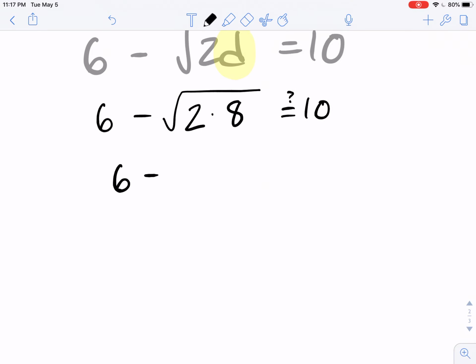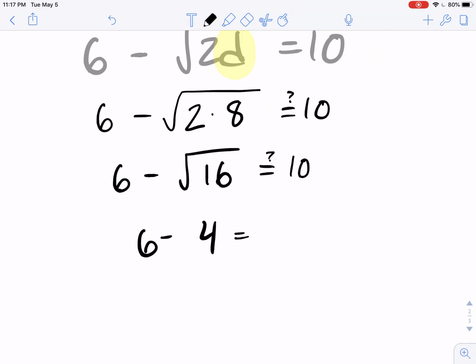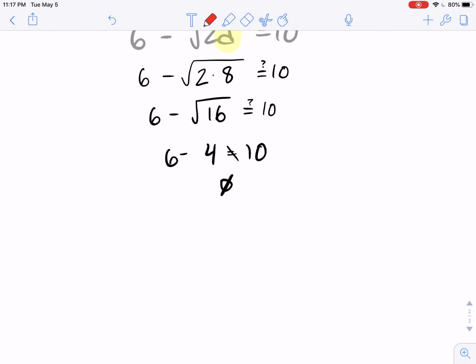So 6 minus the square root of 16 equals 10, I think. Well, the square root of 16 is 4. And 6 minus 4 is not 10. It's 2. So no, this is not true. This is extraneous.